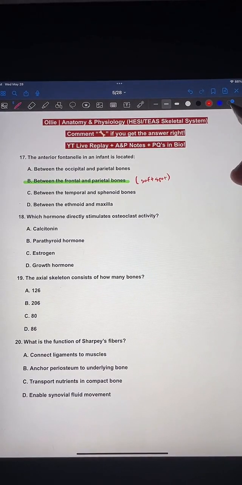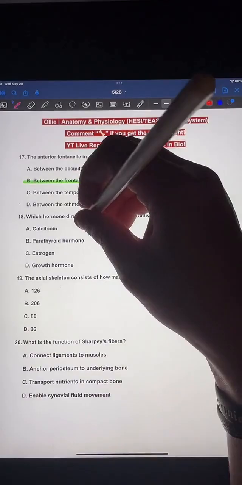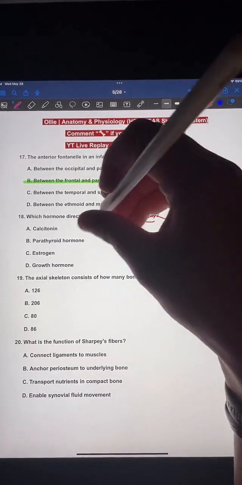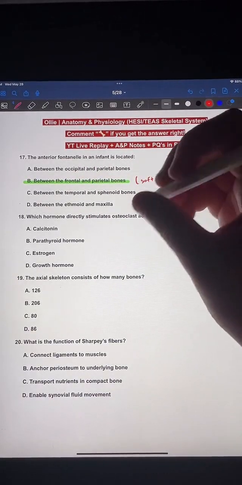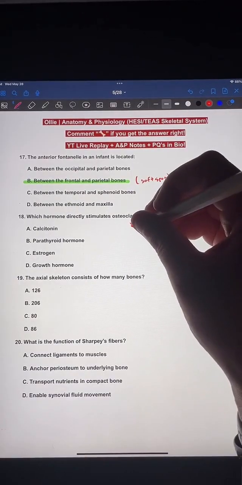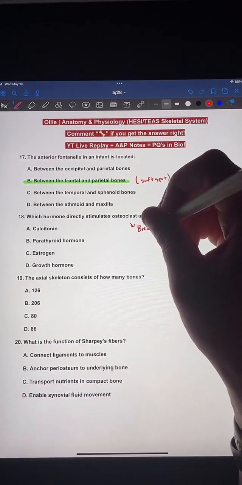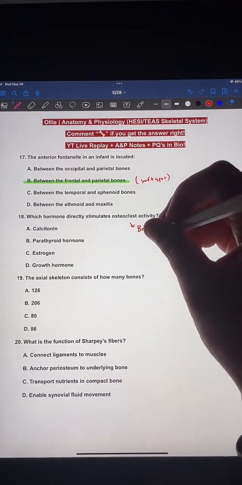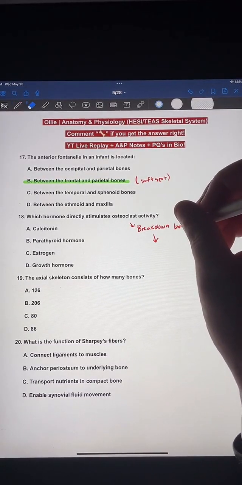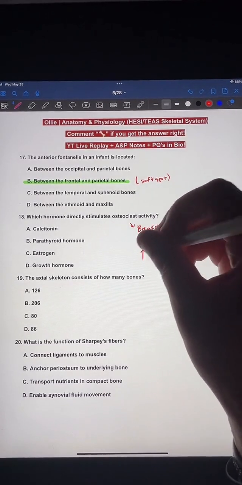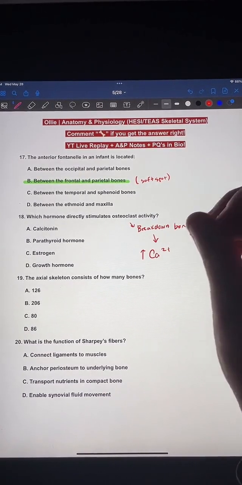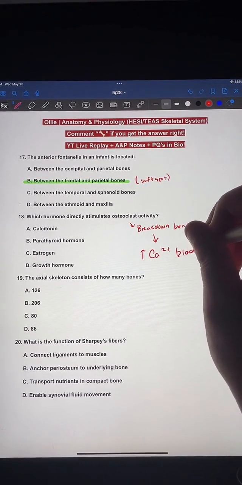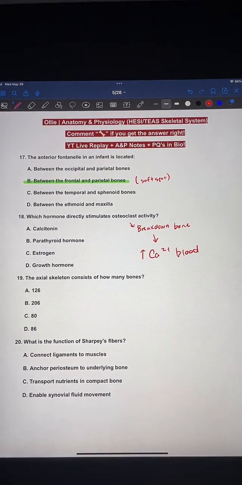Number 18, which hormone directly stimulates osteoclast activity? Again, osteoclasts are going to break down bone. And when we break down bone, we increase calcium in our bloodstream. So what hormone is responsible for that?